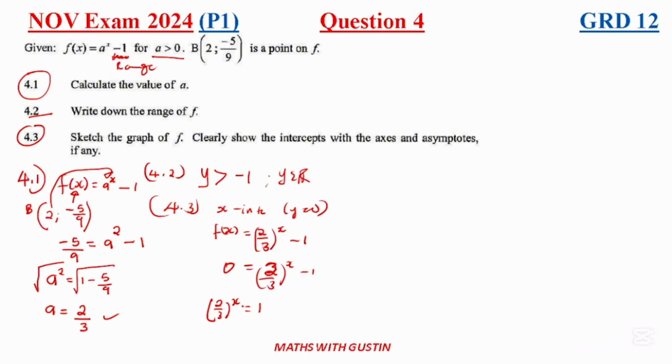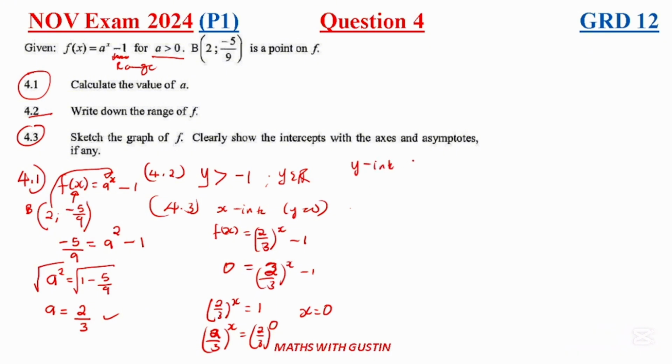In order to solve this using exponents, you know that this can also be written as (2/3) to the power of x equal to (2/3) to the power of 0, which is also equal to 1. So ultimately this means that x is equal to 0. So when y is equal to 0, x is also equal to 0.